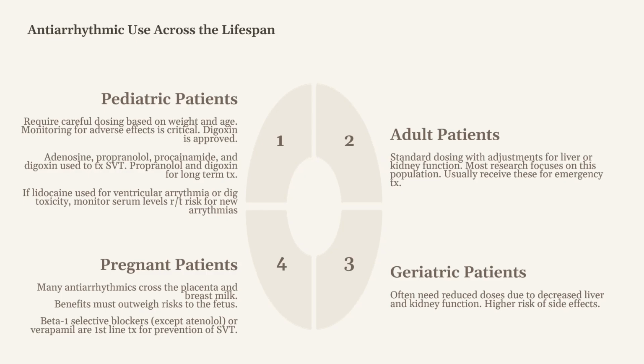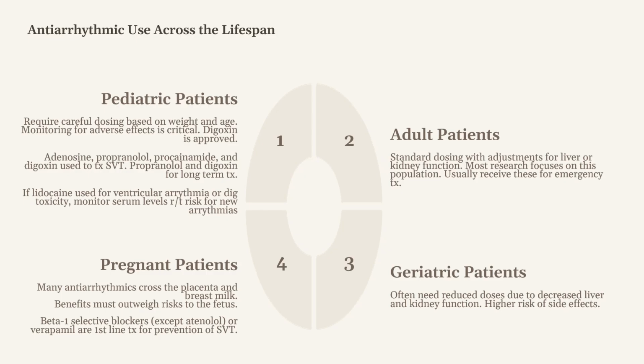Digoxin can be given to children if needed. Adenosine, propranolol, procainamide, and digoxin can treat SVT. Propranolol and digoxin are preferred for long-term treatment. If there is a serious ventricular arrhythmia or digitoxicity, lidocaine can be used.